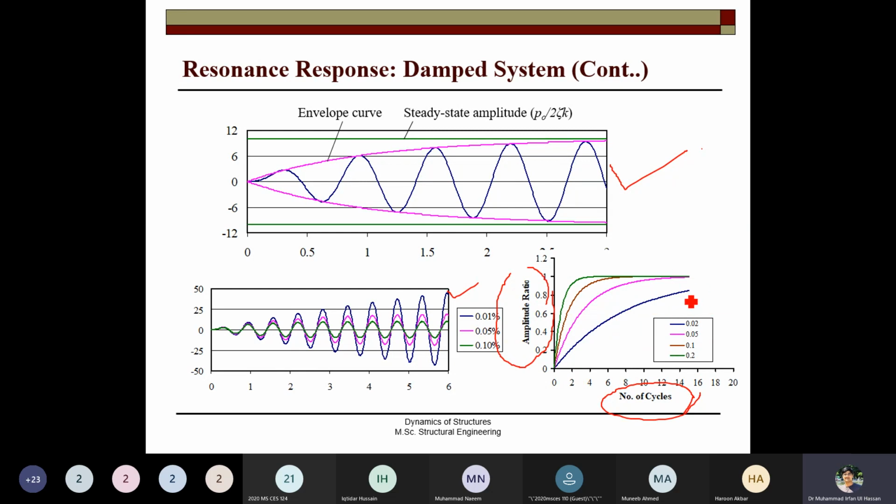After a certain cycle, the ratio of successive amplitudes initially changes quite a lot, but later on becomes constant. So this is the response of the system under the effect of resonance.